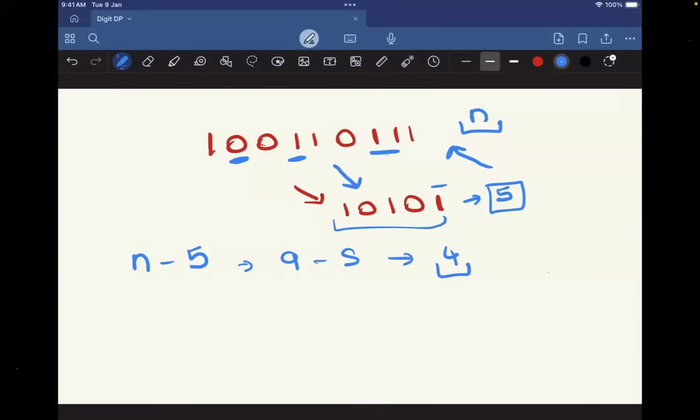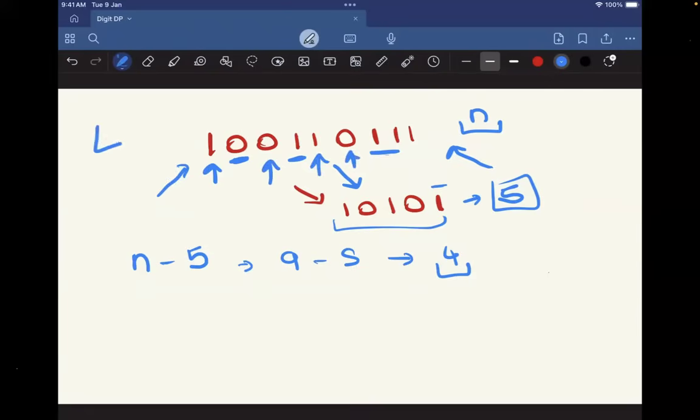Now, if I have this, can you tell me what is the initial score of this string? Like, if I don't remove anything right now, what is the score? This is a valid one. This is a valid one. This is a valid one. And this is a valid one.